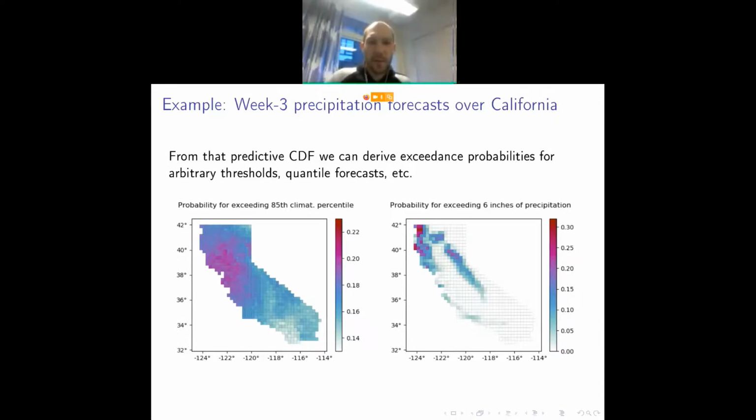Now, this first approach was still a classic post-processing approach in the sense that even though we share a model across different grid points, we still turn an ensemble forecast at a particular grid point into a probabilistic prediction at this grid point.